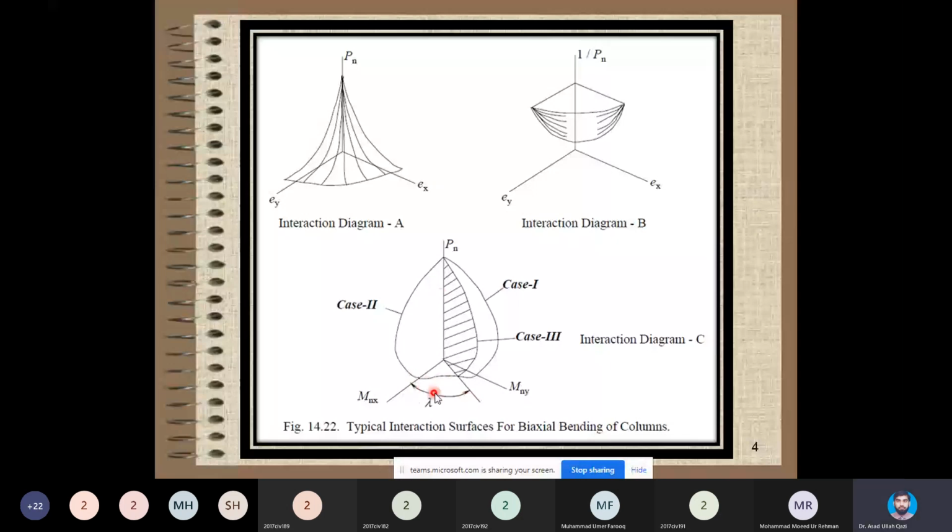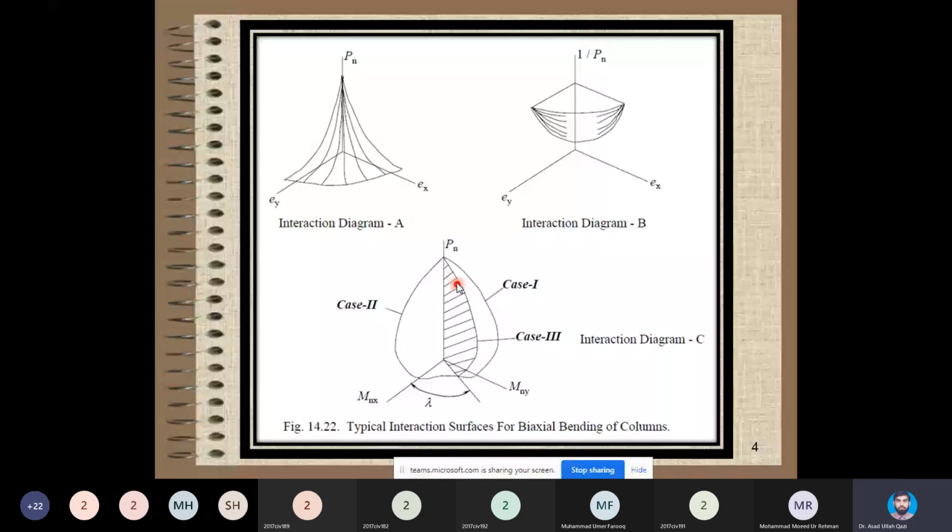I may take an interval of 1 degree of lambda, and for each degree I will have one slice on that surface, and that particular lambda represents one combination of P, Mx and My. I will discuss in detail what lambda is and the significance of this angle, but just to briefly explain, now we are not looking at a failure line, we are looking at a surface.